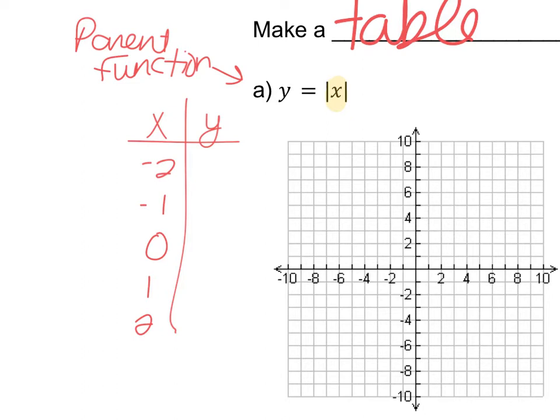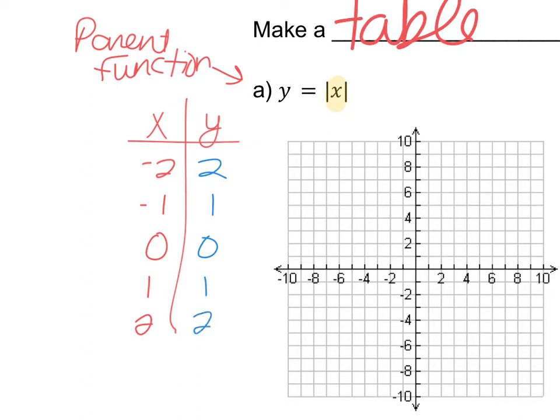Whatever your answer is, that's your y coordinate. So plug in -2 for the x. What's the absolute value of -2? Well, it's 2. Then plug in -1. What's the absolute value of -1? That's 1. The absolute value of 0 is 0. The absolute value of 1 is 1. And the absolute value of 2 is 2.